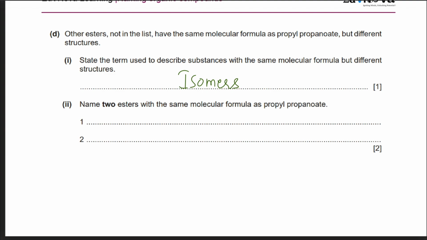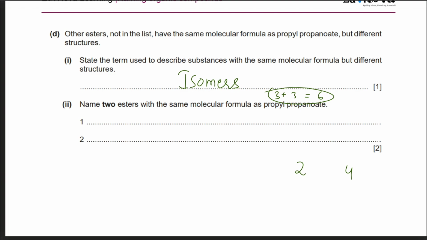Now, propyl propanoate has 3 plus 3, 6 carbons. So the esters that you are giving with the same molecular formula should have the same number of carbons. So you can take 2 carbons in alcohol and 4 carbons in carboxylic acid or vice versa. Make sure the sum always adds up to the same number of carbons as here.